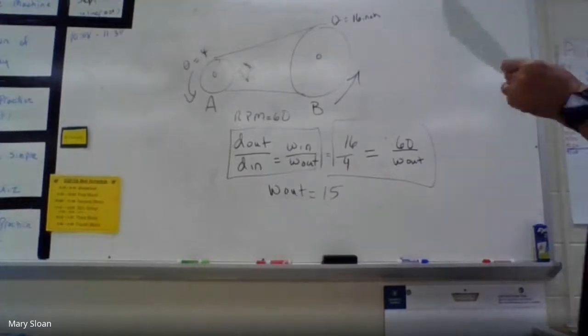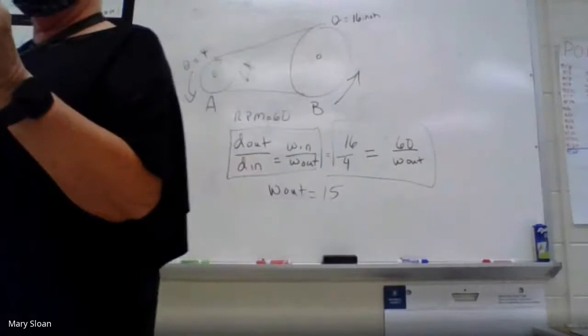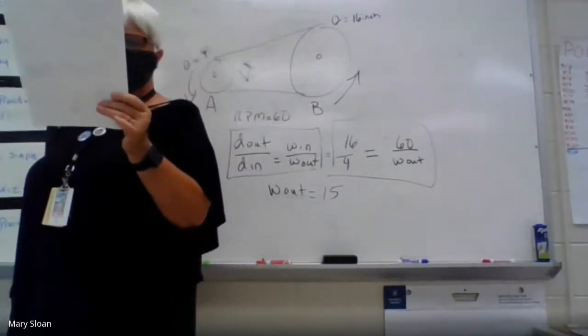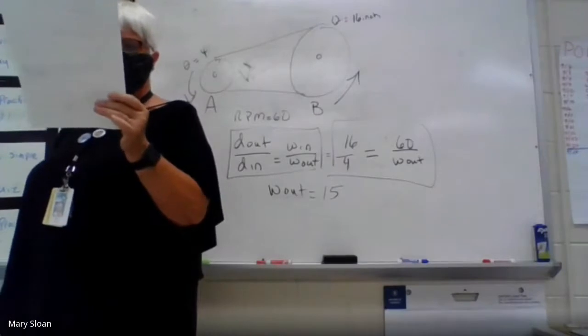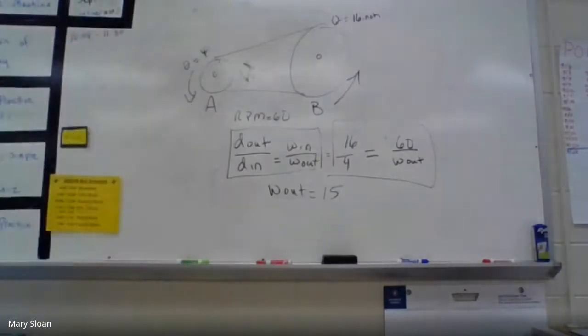All right, number 9. If a simple machine requires an effort force that is less than the force of the load being moved, then the machine exhibits A, B, C, or D. Show me what you think. We're on number 9. Number 8's 15.